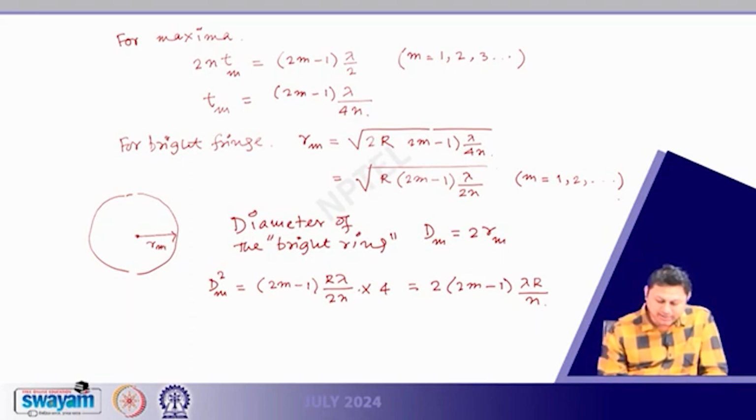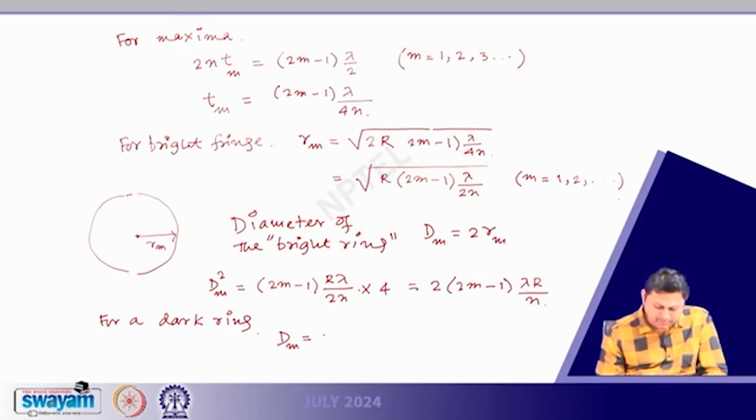If I calculate this for a bright ring, then for a dark ring we can simply have dm equal to, just putting 2m instead of 2m minus 1 multiplied by lambda by 2, we get a term like 4m lambda r divided by n.